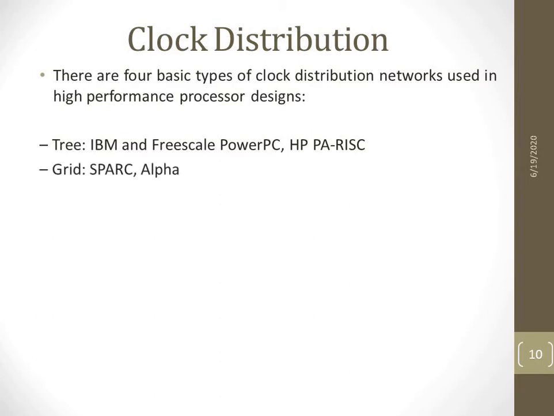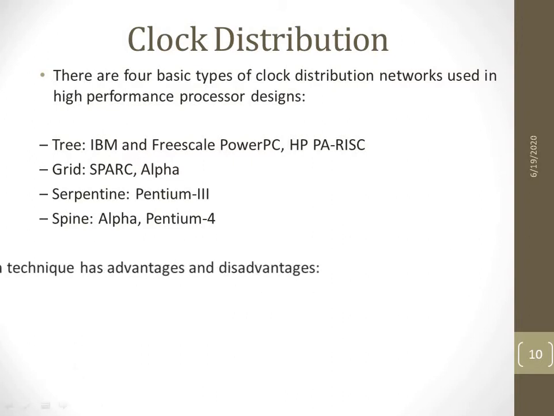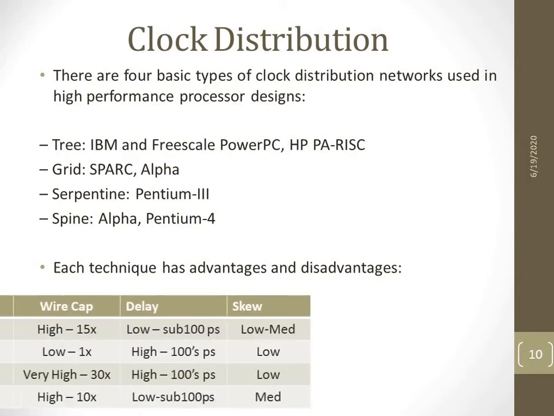Next, grid is in SPARC and Alpha. Serpentine is implemented in Pentium 3, and spine type is implemented in Alpha and Pentium 4. So these are the four basic types of clock distribution networks used in high performance processors, which I have given you with examples. Each technique has advantages and disadvantages.